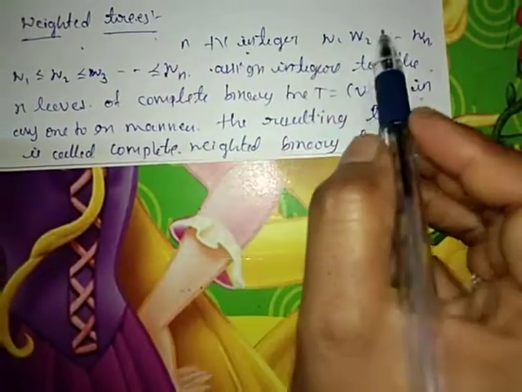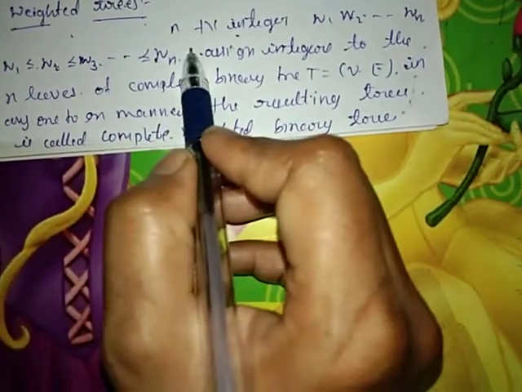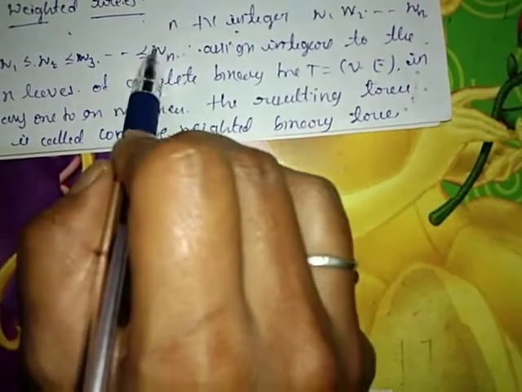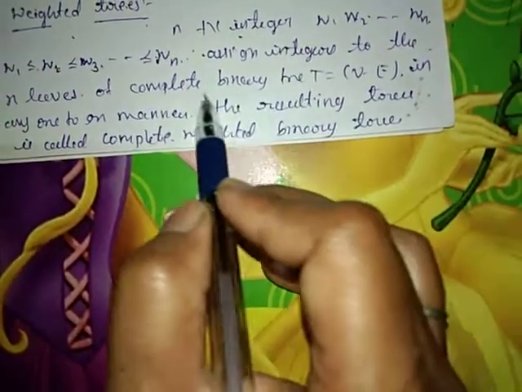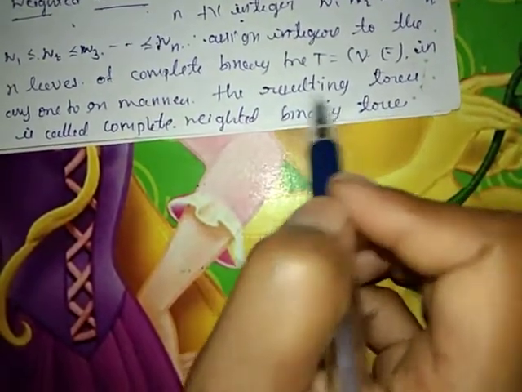Suppose we have integers w1, w2, and so on, where w1 is less than or equal to w2, w2 is less than or equal to w3, and so on, less than or equal to wn. Suppose we assign these integers to the leaves, then the resulting tree is called a complete weighted binary tree.